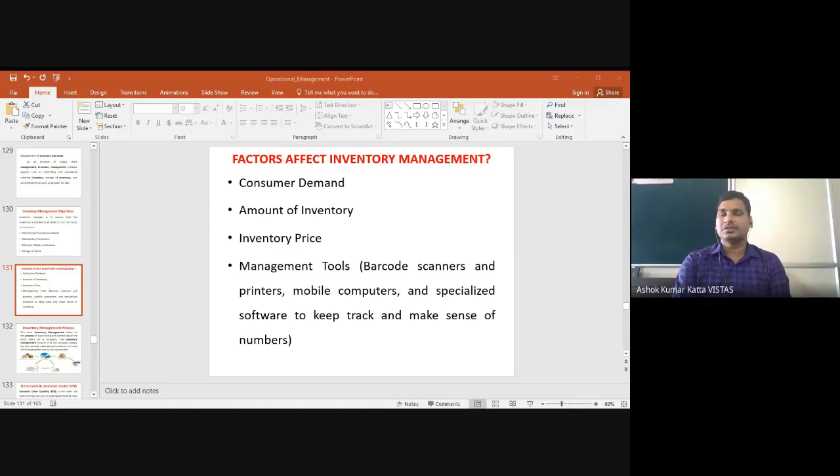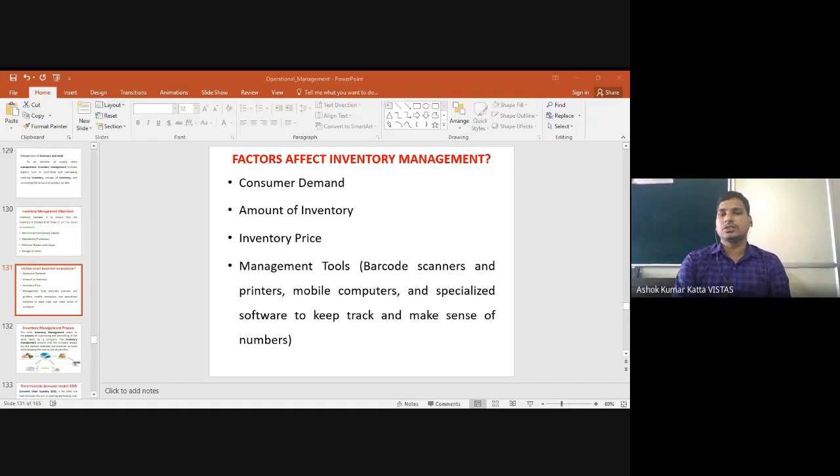So what companies will do, even though they manufacture a major quantity of products, they will look to export these products to foreign countries to get returns. So that also should be observed by the inventory manager before he takes the decision.